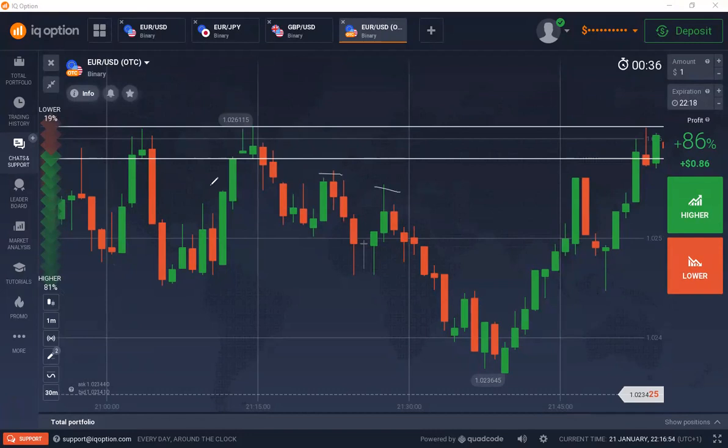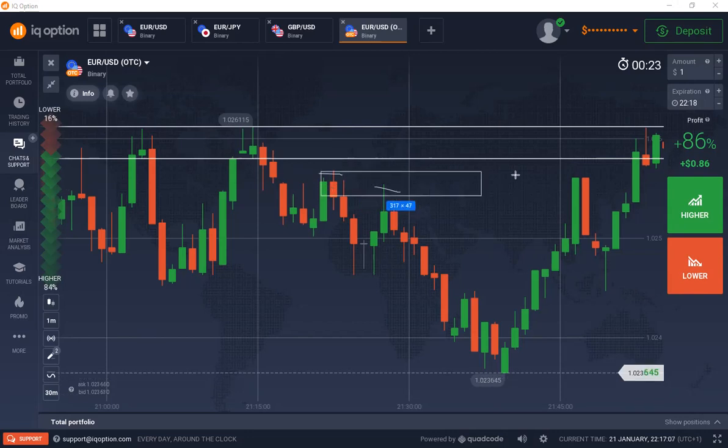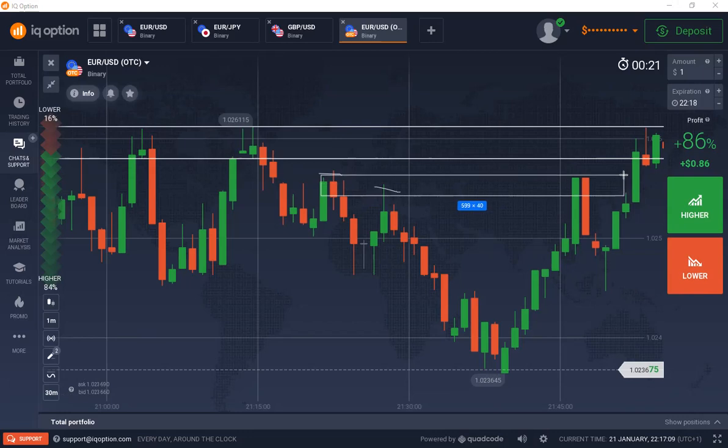Because sometimes if you draw a zone from here and you extend it to the right side, it induces the trader to enter the trade.